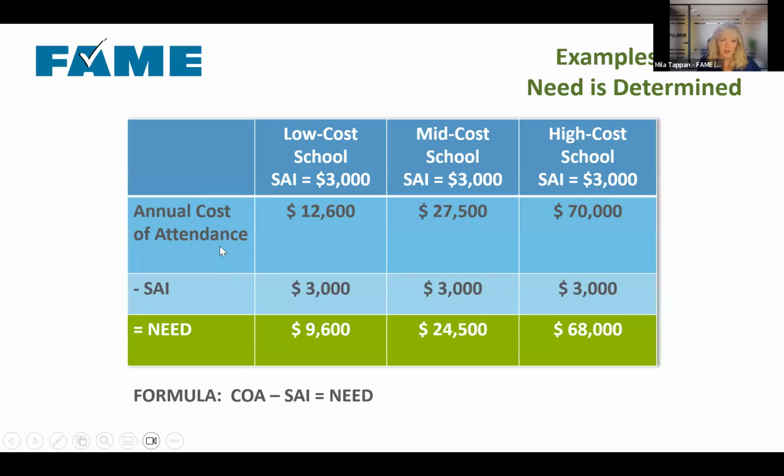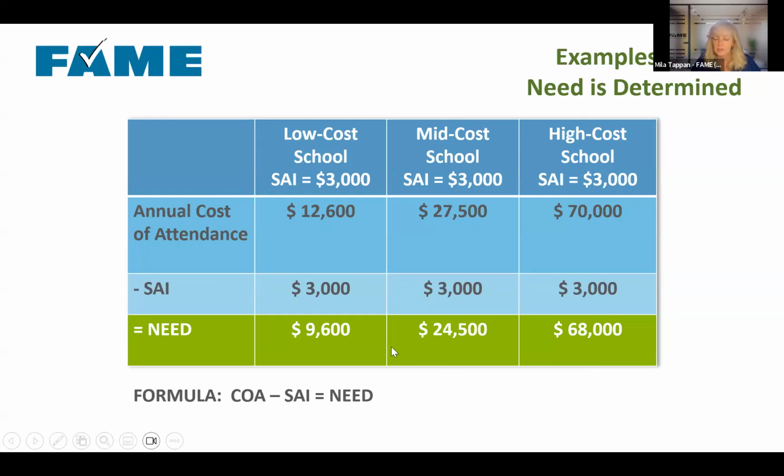Here we have a cost of attendance at a low-cost school, so let's say it's $12,600 per year, a mid-cost school of $27,500, and then a higher cost school that's like $70,000 per year. That SAI stays the same, so the amount of need that a student has is going to vary by school.